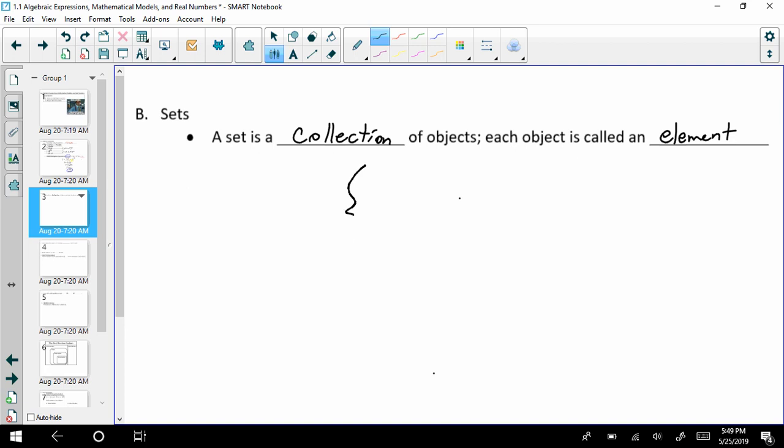Okay, I can't draw these to save my life, but they look like curvy brackets. If I saw something like this, this is a set of numbers, and I would say it has 4 elements. It has 4 things in it. So it's fancy notation for something that's not fancy. It's just a group or a collection of answers.